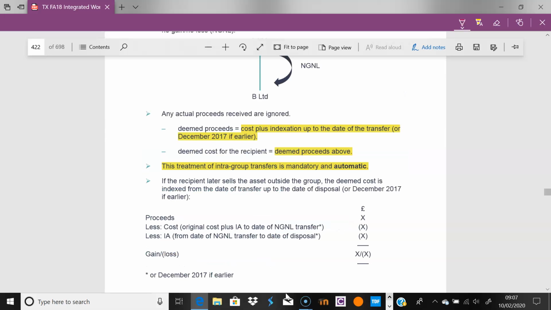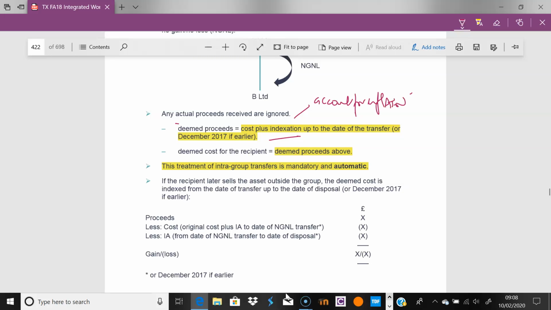But anyway, the key point here is that we're not really interested in what actually, if you bought and sold it within the group, that's just intra-group transactions, which get eliminated anyway. But what we do see is that we must index and we must account for inflation.